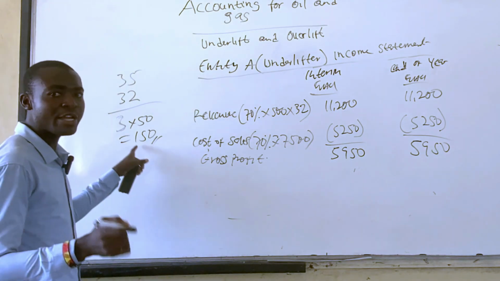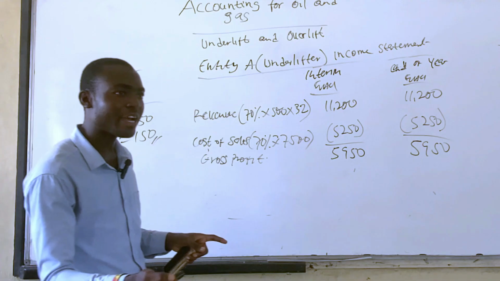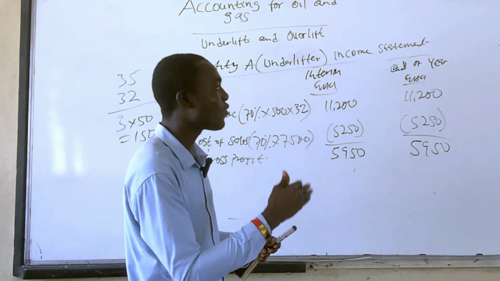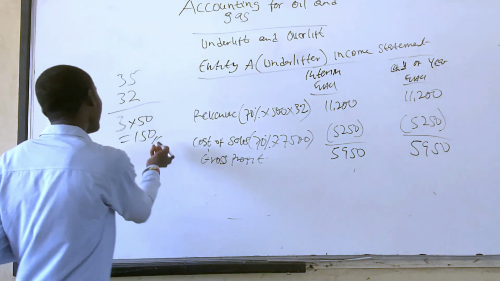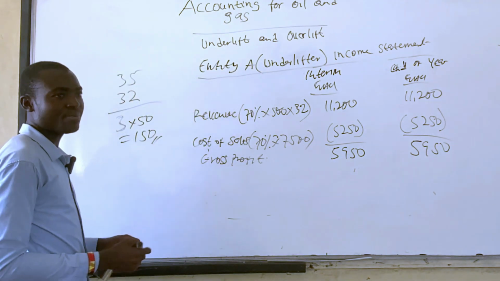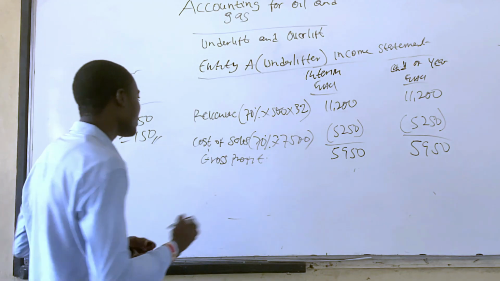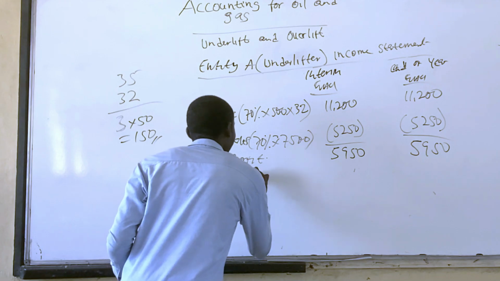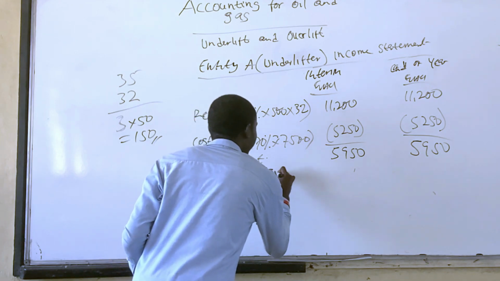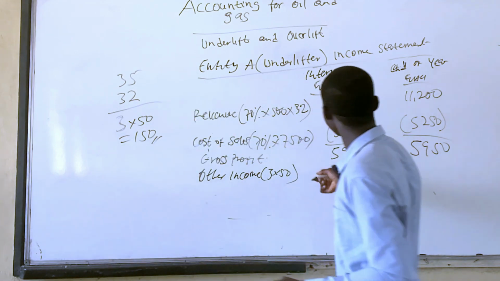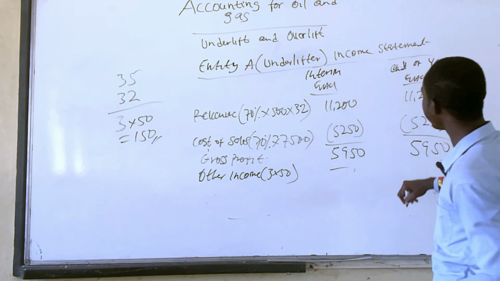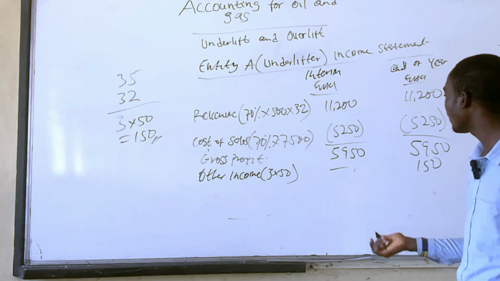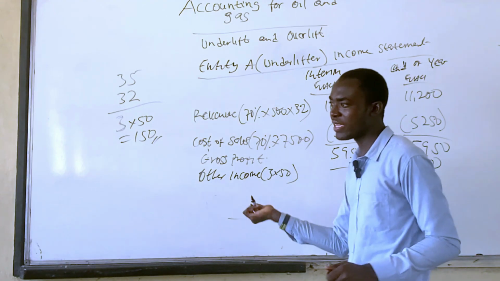So entity A will recognize this as other income, and if we are required to prepare the financial statement for entity B too, entity B will recognize this as expenses in its books. So we have other income, 3 times 50, which is 150. The interim will not have it, and the other income will be recognized at the end of the year.